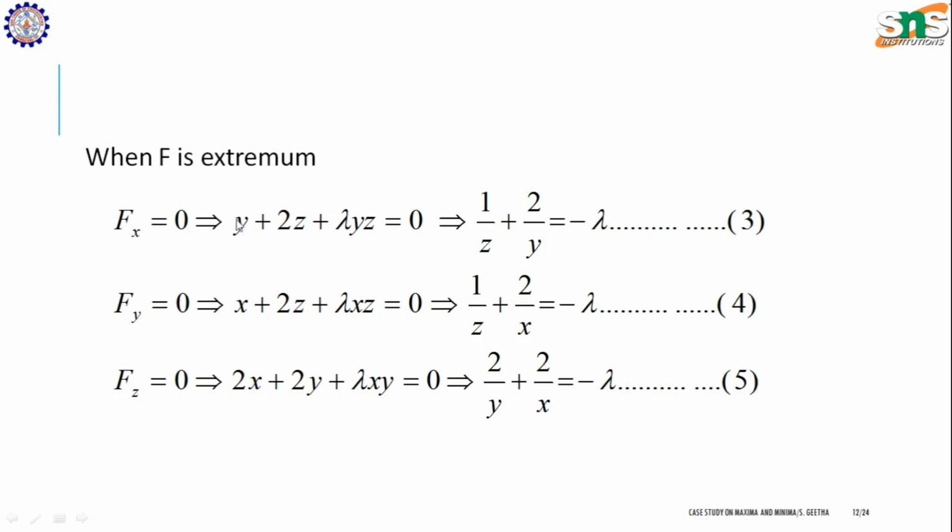Now Fx equal to 0 means this equation becomes 1 by z plus 2 by y equal to minus lambda. Fy equal to 0 means this becomes 1 by z plus 2 by x equal to minus lambda. Fz equal to 0 means this becomes 2 by y plus 2 by x equal to minus lambda. So keep these as equations 3, 4 and 5.